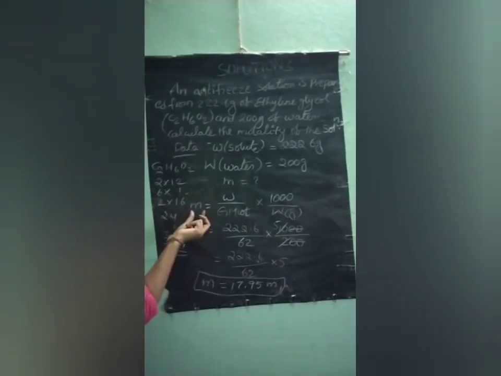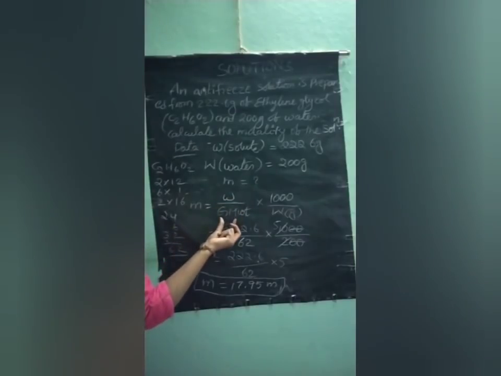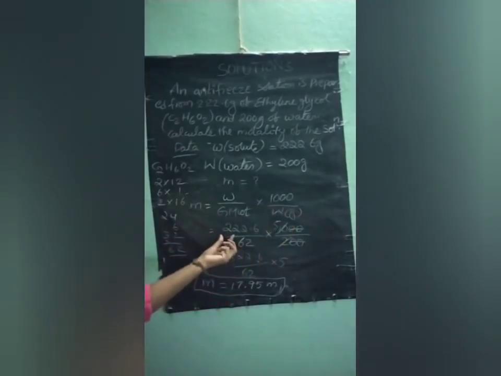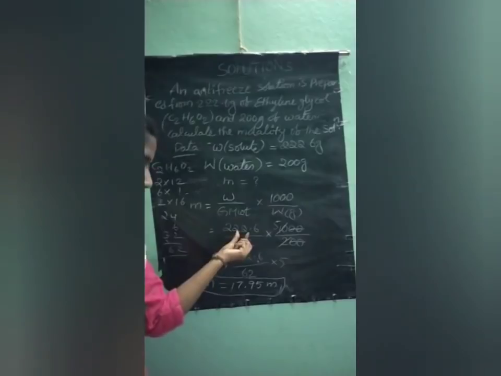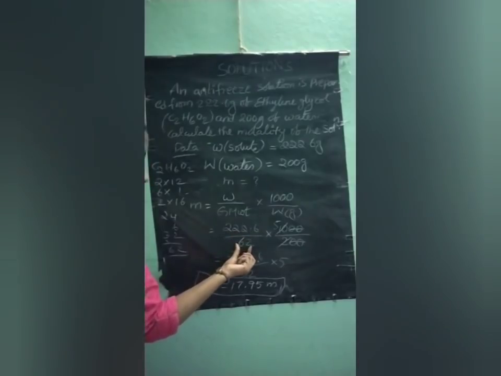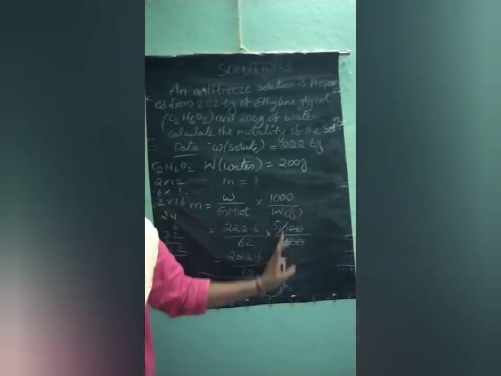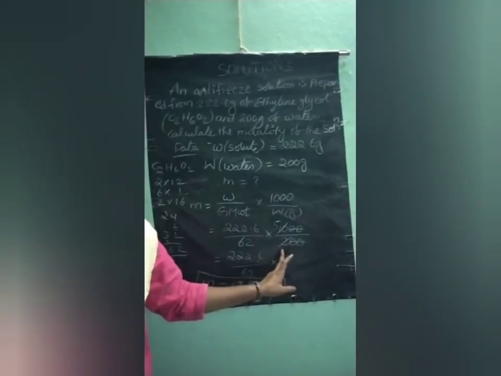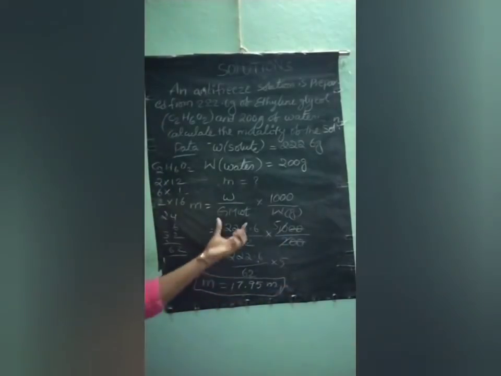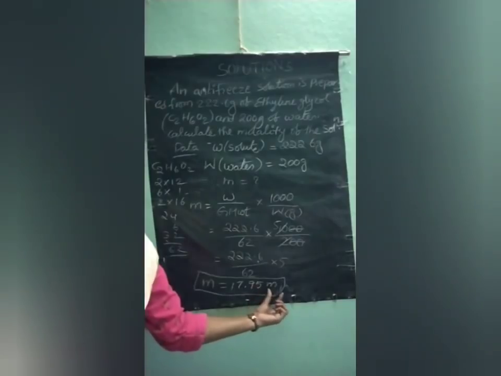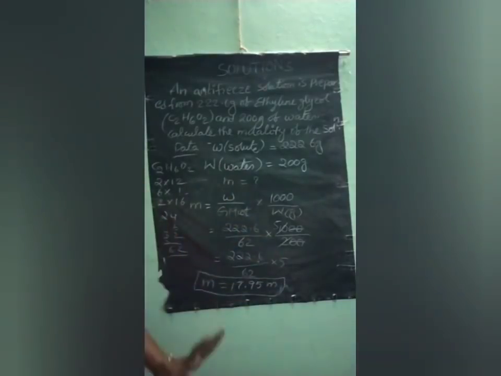The formula for molality is weight of the solute by gram molecular weight into 1000 by weight of the solvent in grams. So the weight of ethylene glycol is 222.6 grams, and the gram molecular weight from the molecular formula we get 62, that is 62 into 1000 by the weight of the solvent, the weight of the water, 200. In total we get 17.95 molal.